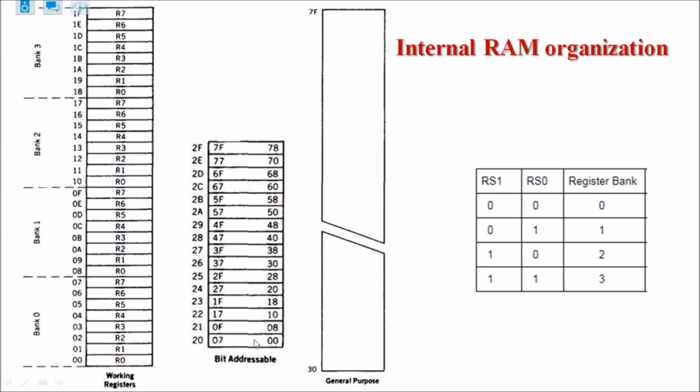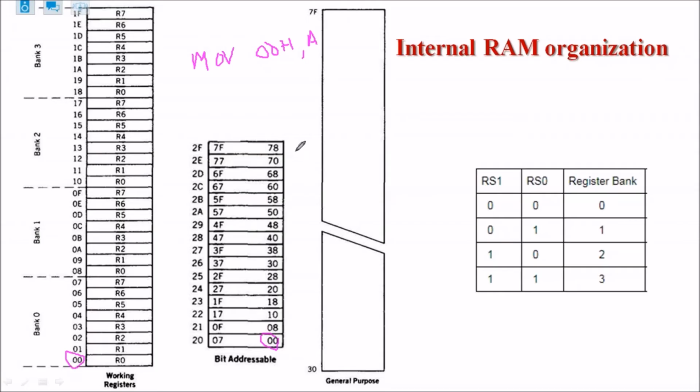Now a question may arise. This question should have come to your mind: the address of this bit is 00 and the address of this R0 register is also 0. Both have address 0. The address of this one single bit is 0 and the address of R0 is also 0. In an instruction, as an example, suppose I write 00H, and I want to transfer the data of the accumulator into it.